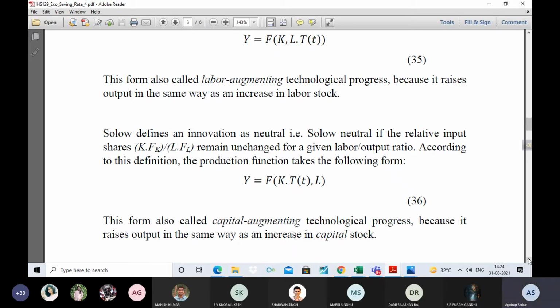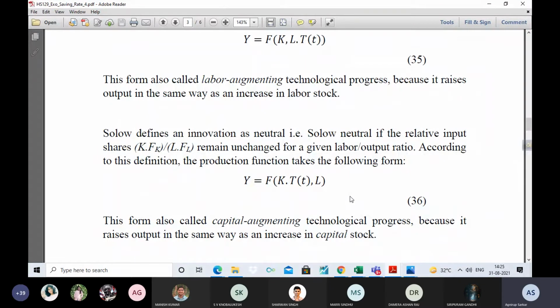When we are talking about an index of technology T(t), we are taking into account the fact that this index is growing over time, and production functions like these are called capital augmenting production functions, because a technological improvement increases production in the same way as an increase in the stock of capital, right?